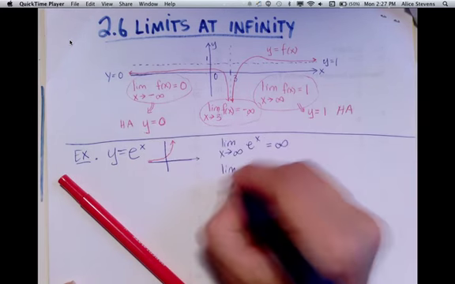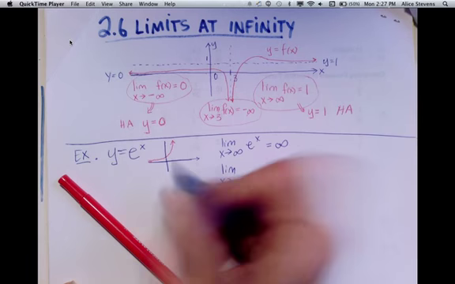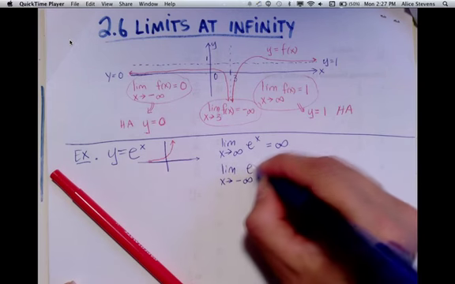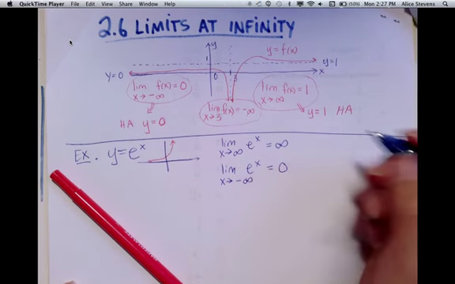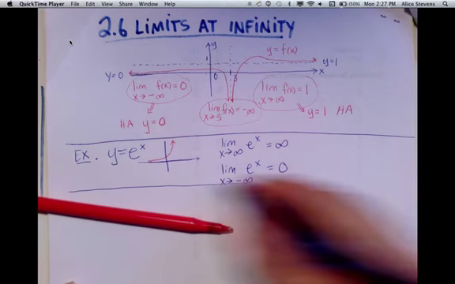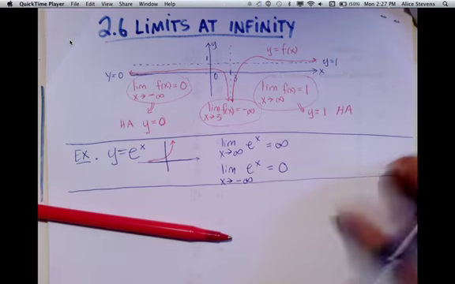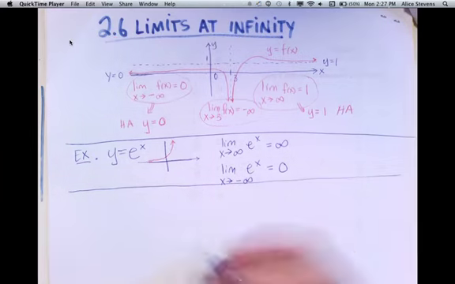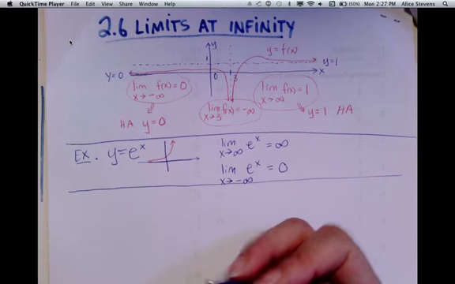And the limit as x approaches negative infinity, so as x grows large in a negative direction, is just 0, because the graph is approaching the x-axis. I'm going to do a couple of algebraic examples with no graph so that you know how to do these.